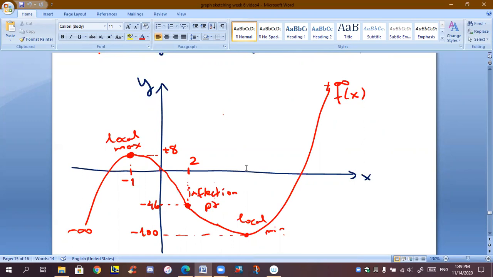And then it's increasing from 5 to plus infinity. So I will have a local max at minus 1, a local minimum at 5, an inflection at 2. So I'm going to have a graph like this.